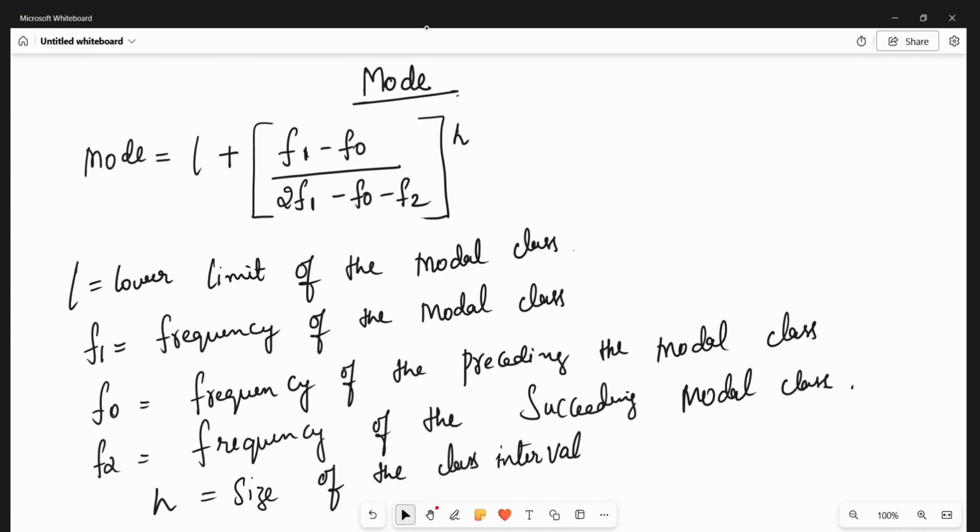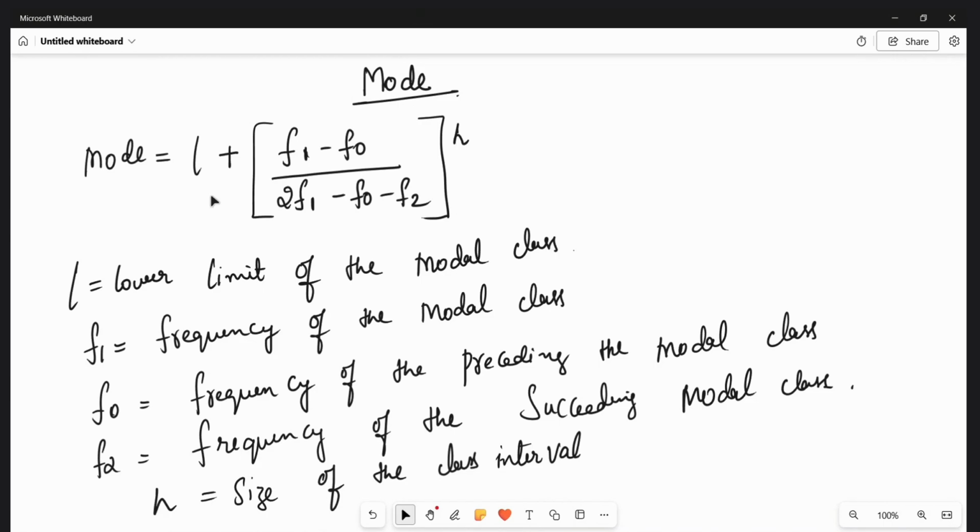In this formula, L is the lower limit of the modal class. F1 is the frequency of that modal class. F0 is the preceding class frequency, and the succeeding class frequency is F2.